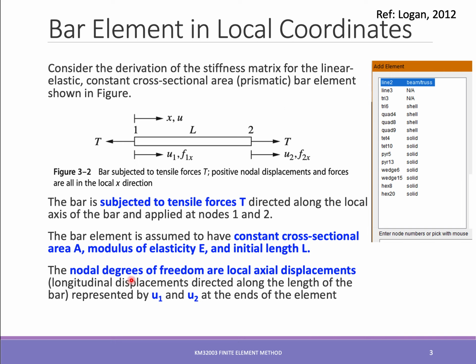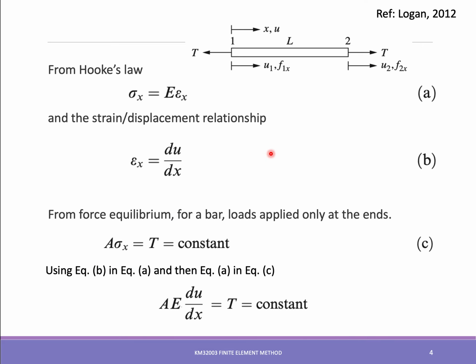Now, the nodal degrees of freedom are the local axial displacements along the x direction, so you will have u1 as well as u2. Since we have only two nodes, this bar element has 2 degrees of freedom.